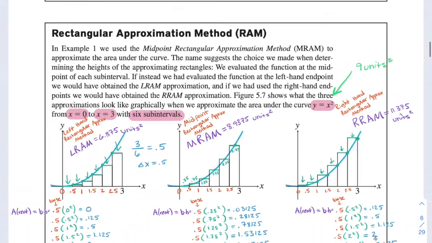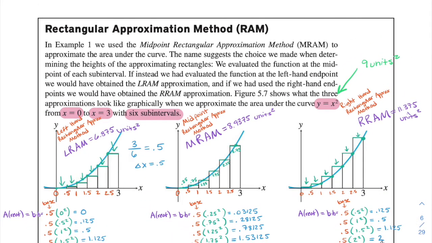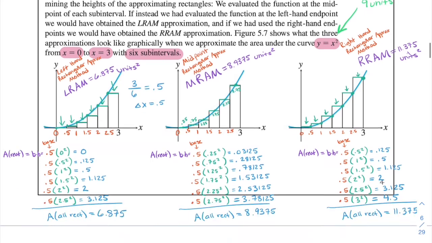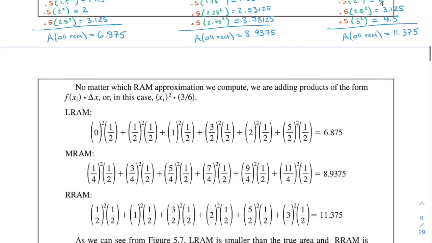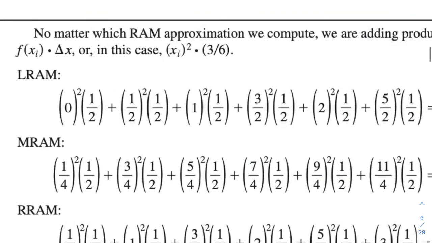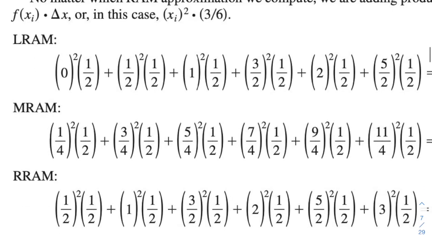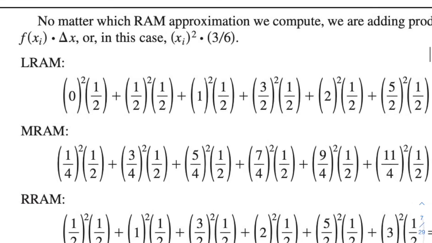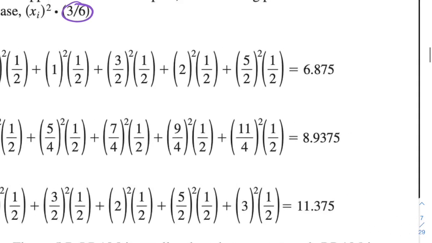But this is pretty much it for approximation methods. Okay, so you have your LRAM, your MRAM, your RRAM, and take a look. Oh, look at this! I actually included the fraction form that the textbook did. So here they have what I called delta x, which is the width of everything, and they found it by doing 3 divided by 6.